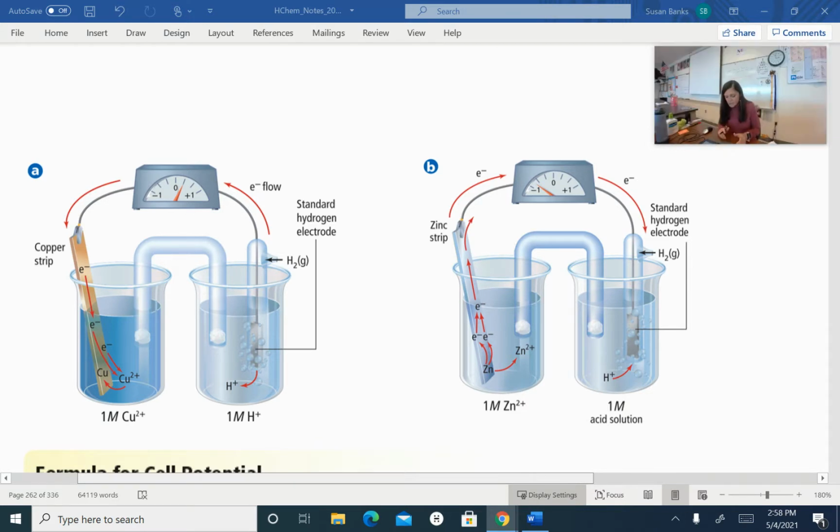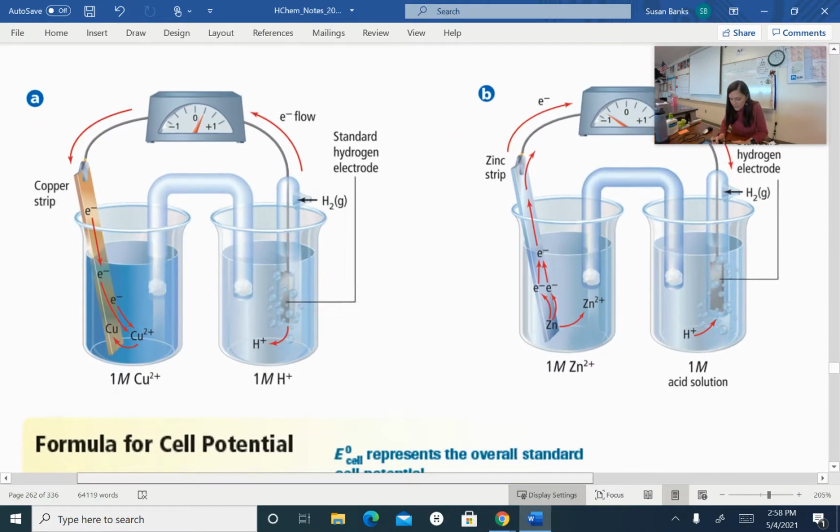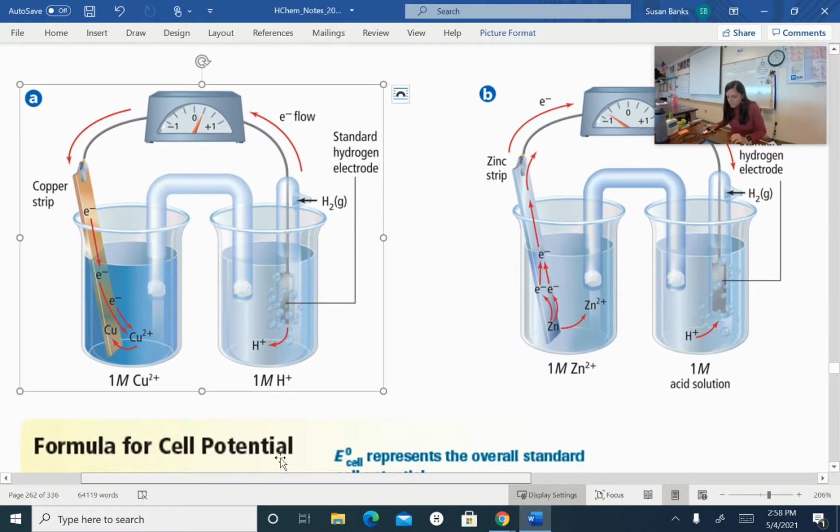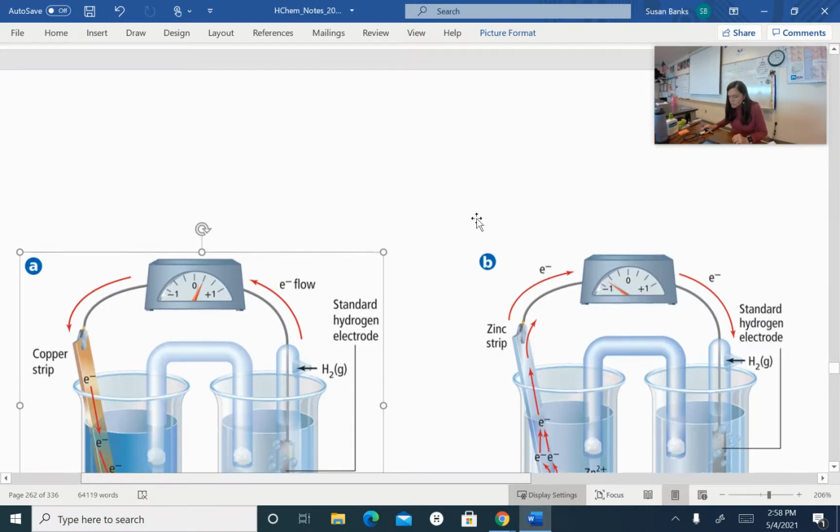So I have a cell where I have copper and I have hydrogen. We're using hydrogen in water. So let's look at the voltage on hydrogen and the voltage on copper.